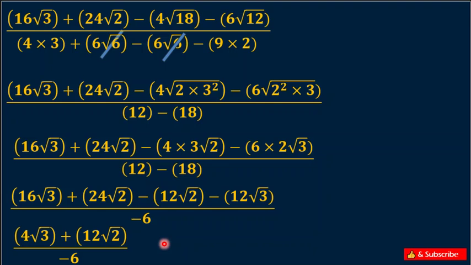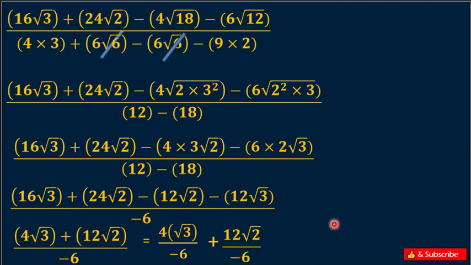From here we are done. We can't simplify any further. Just that when you look at this expression, it's simply 4 root 3 over negative 6 plus 12 root 2 over negative 6. That is this. When we split this expression, this is what we are having.